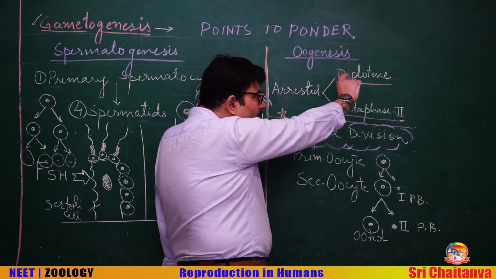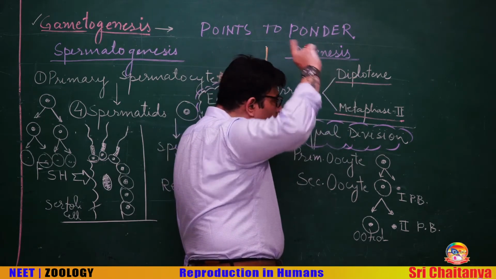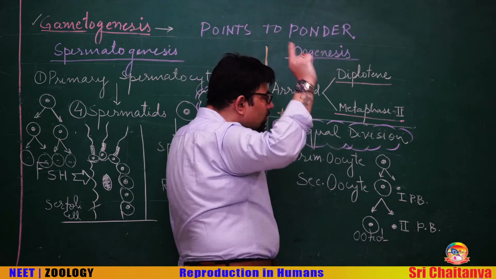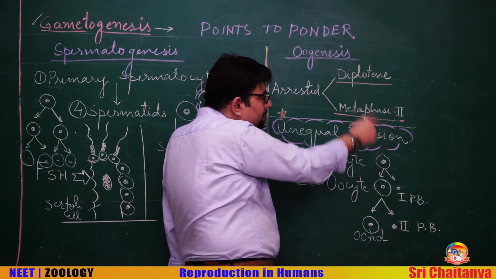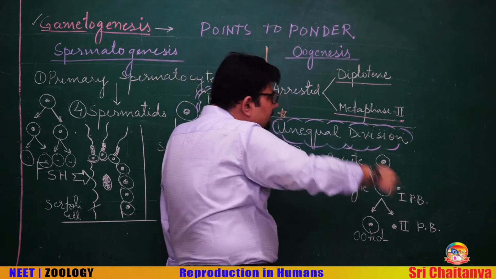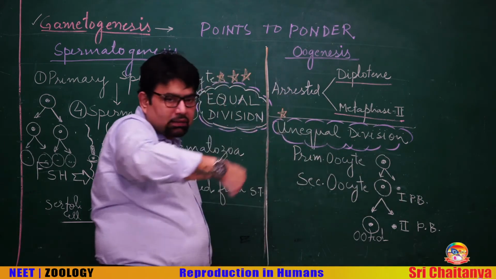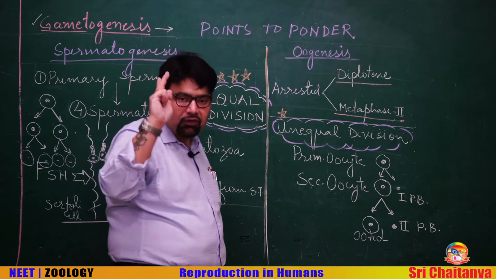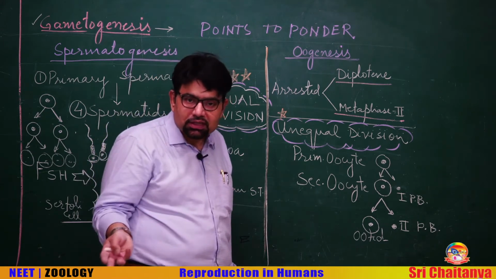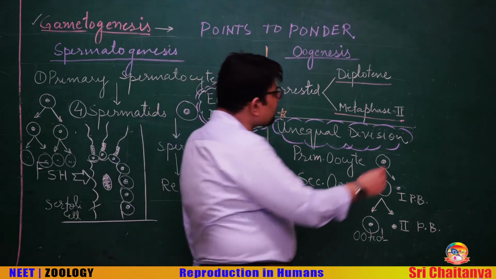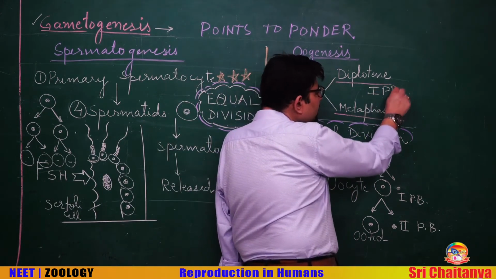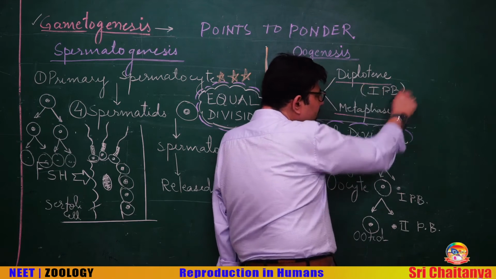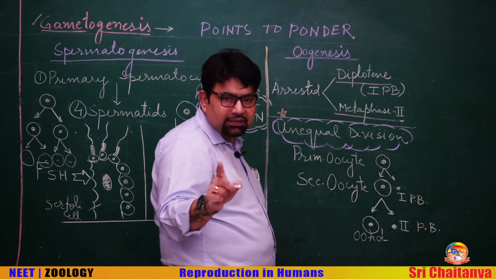Now, in one menstrual cycle, one follicle completes diplotene, then diakinesis, then metaphase I, anaphase I, telophase I. Then the first polar body is extruded during the menstrual cycle.